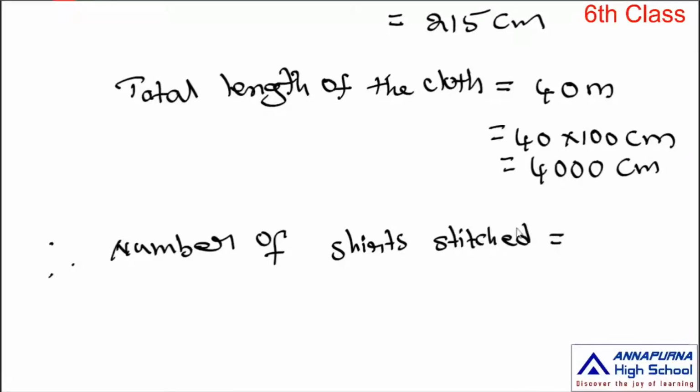Here it is a division problem. Total length of cloth, how much? 4000 centimeters. You write 4000 by 215, cloth needed for one shirt. Total length of cloth by cloth needed for one shirt.